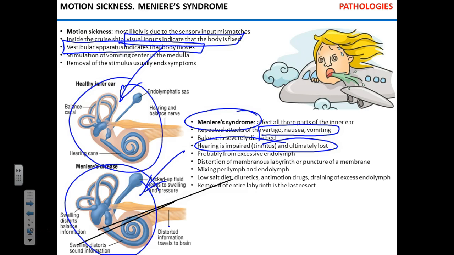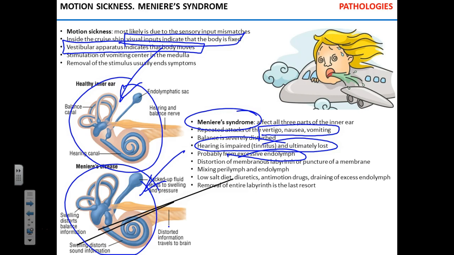Causes we don't really know. Overproduction of endolymph potentially. Okay, anatomical distortion of membranous labyrinth and mixture of perilymph and endolymph may cause this condition. We don't know the exact mechanisms of Meniere's syndrome, but there's unfortunately no successful treatment to it.